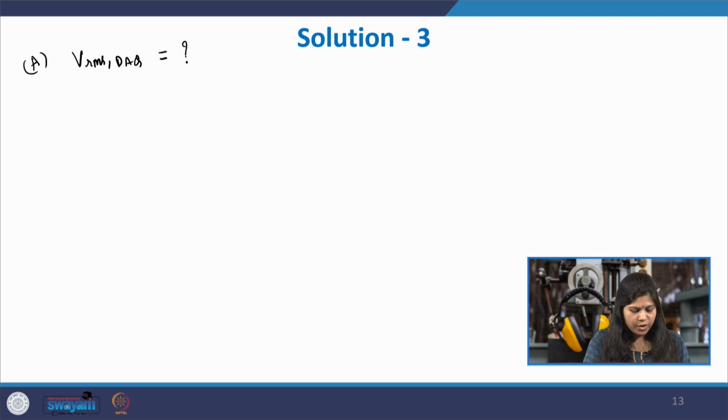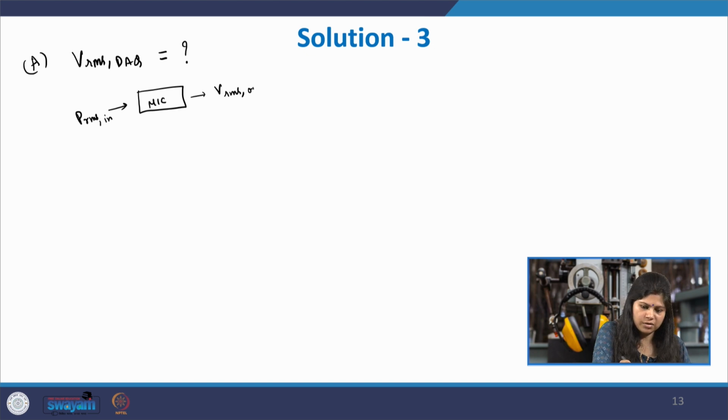Okay. So, here what does the microphone do? The microphone converts whatever PRMS is input into the microphone into some RMS voltage. Let us indicate the input and the output from the microphone using the subscript mic.